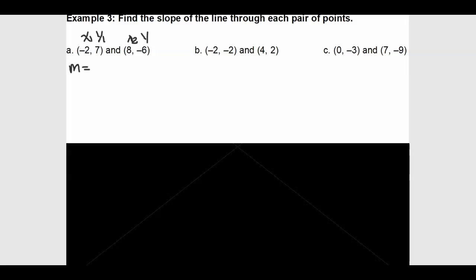So it would be y2, which is negative 6, minus y1, which is 7, over x2, which is 8, minus x1, which is negative 2. So a minus turns to a positive when you're subtracting. So it's like negative 6 minus 7 over 8 plus 2.